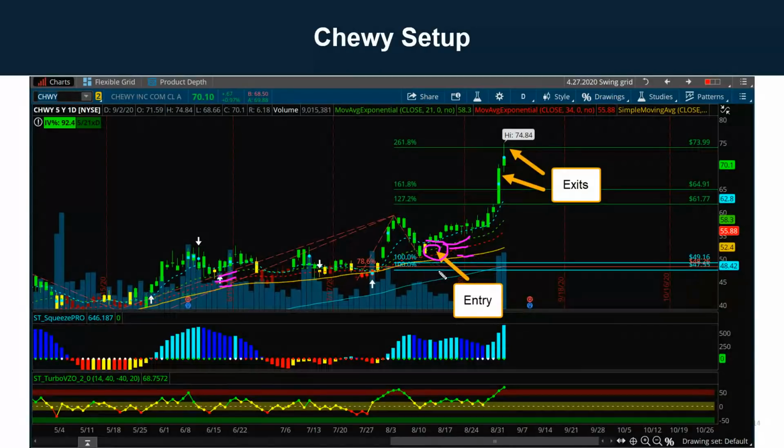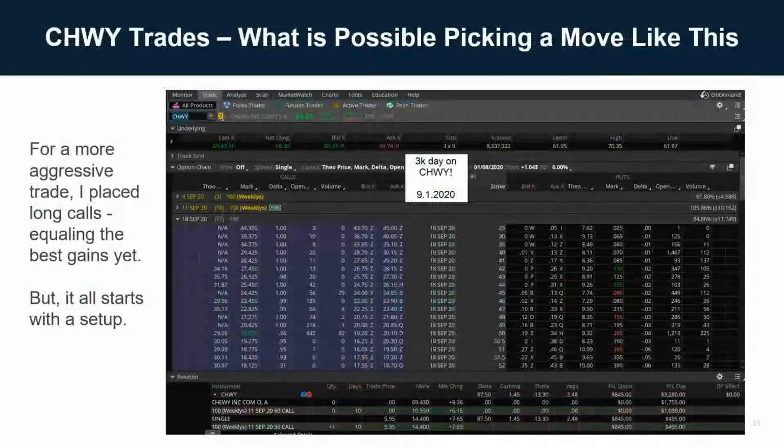This is why I got into a trade right here, positive volume on the VZO, and boom, off it went. So that one ended up being a pretty good day. That was about a $3,000 day. I was down with my son fishing on the dock and just letting Chewy go, okay? What is the yellow line? That is going to be the 50-period simple moving average.